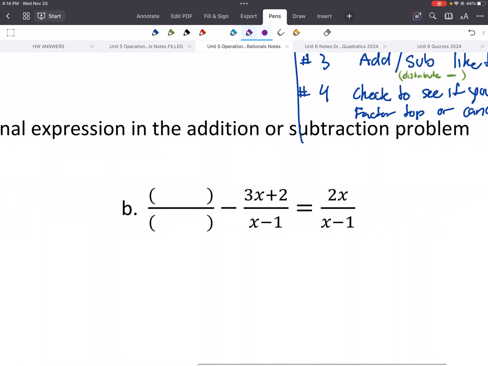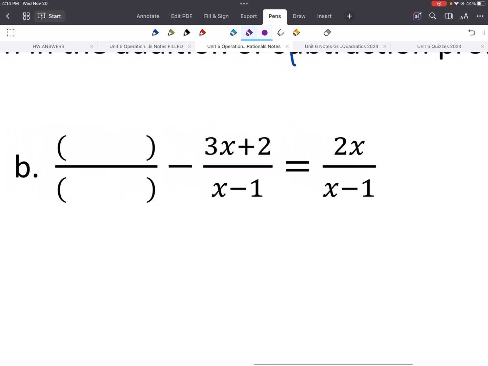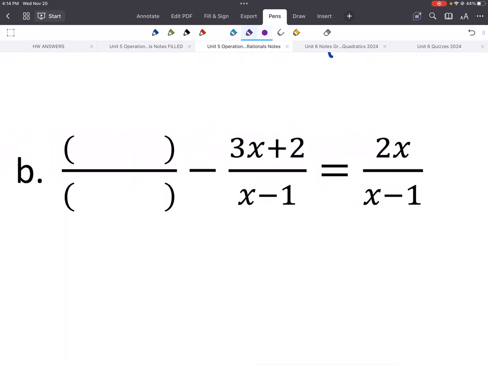Let's try one more. So here's another example. This one's a little more tricky. So we have what minus 3 would give us 2. So I think it would need to be 5, right? So 5x minus 3 gives us 2.